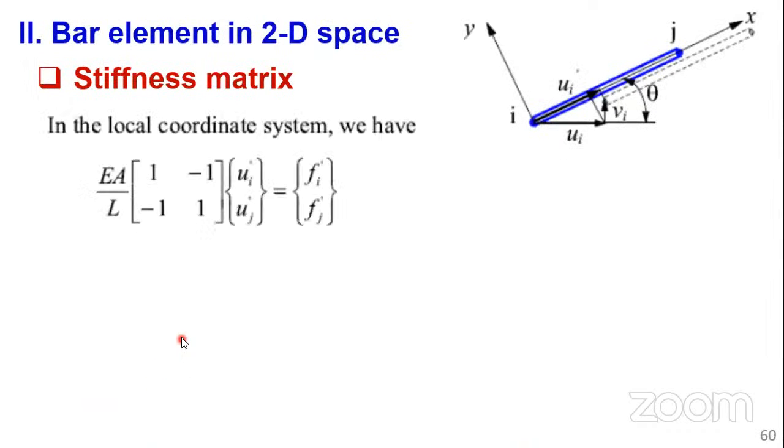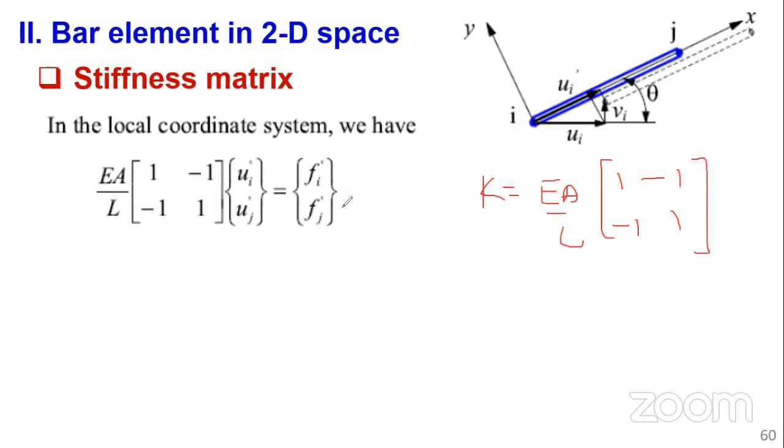So when you want to obtain the stiffness matrix, this one we move very quickly because we already derived this. So the stiffness matrix for a bar element, we said K, elemental stiffness matrix is equal to EA over L, 1 minus 1 minus 1, 1.